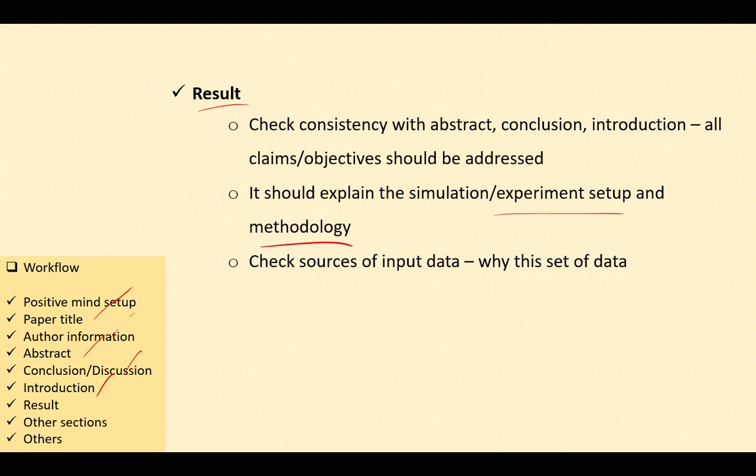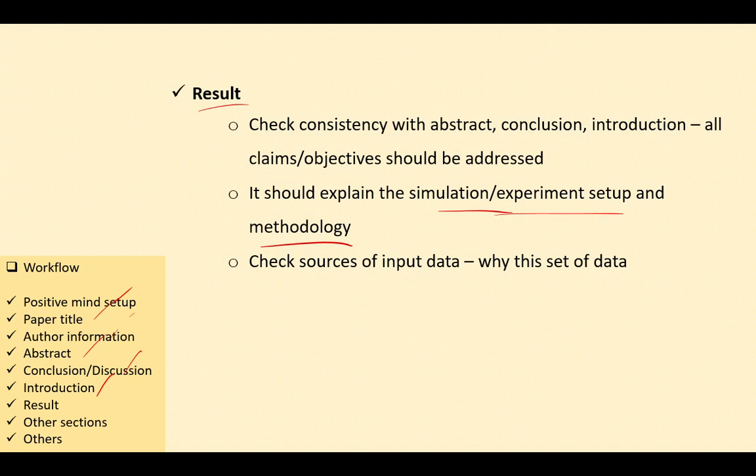That means sometimes only the result is shown, and the environment setup is also maybe explained, but they did not write down or present the input data. So you need to check whether the input data set has been provided or not. If it is provided, then they need to say why this input set of data. Sometimes a result works only for certain inputs, so you need to check whether this input is very specific, or whether it is justified.